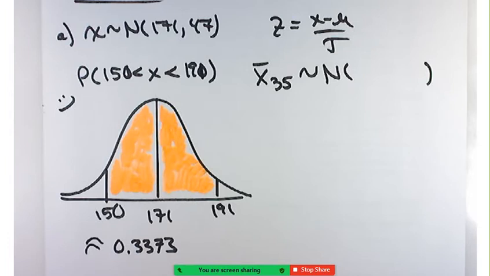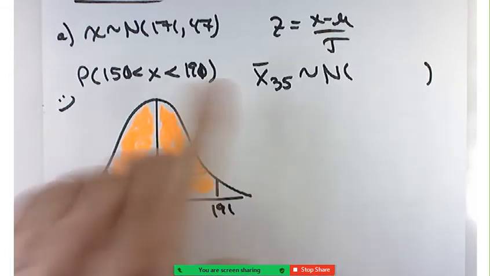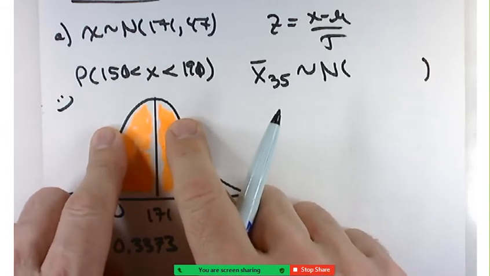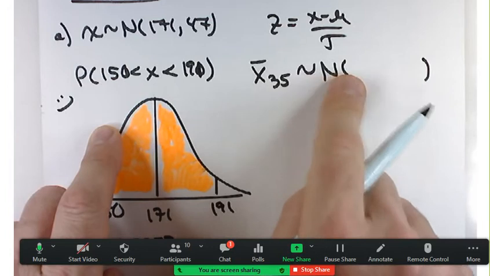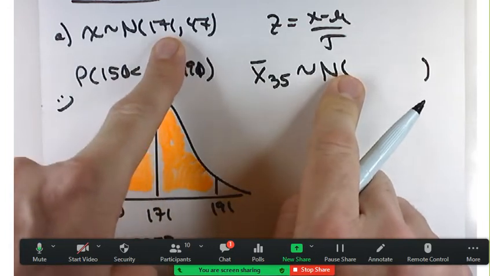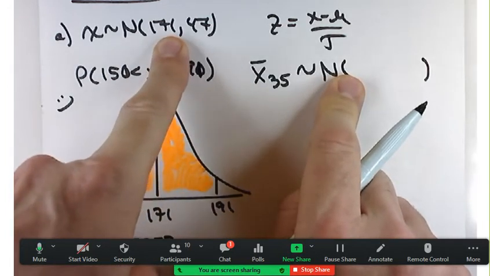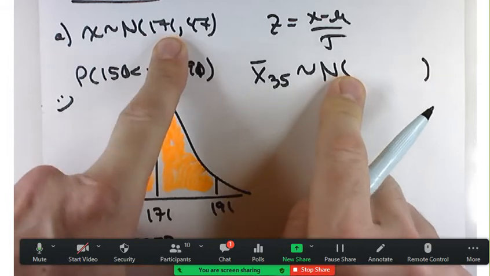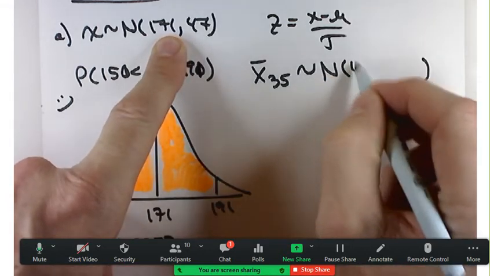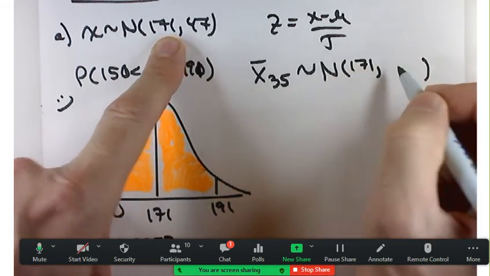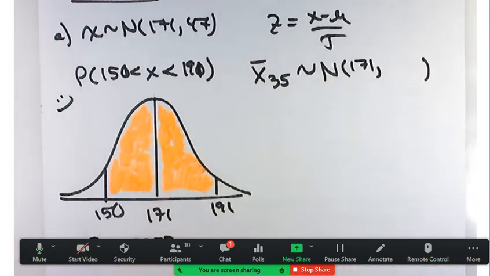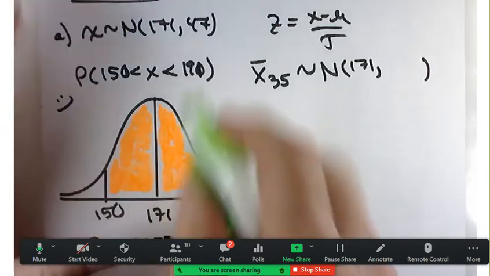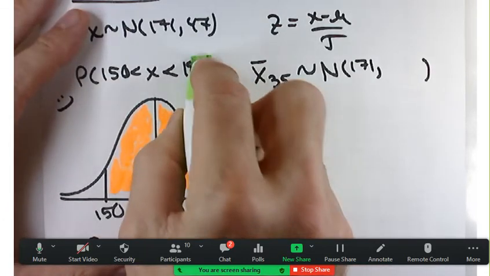Anyone? How about the mean of that distribution? Good. So you're sampling from this population. This mean here is going to be the same as the mean from its parent population, the population that you're sampling from. Remember, because X bar is an unbiased estimator. So 171. Thank you. Someone else. The standard deviation has changed. What's the standard deviation now? Or how would I calculate the standard deviation?